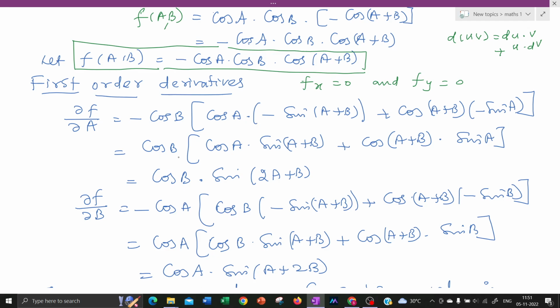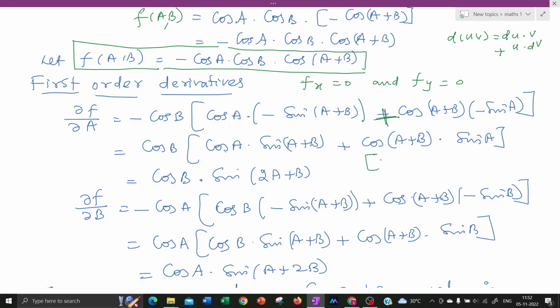So keep cos b as a constant, then cos a, keep it, differentiation of cos of (a plus b) is minus sin of (a plus b), plus keep cos of (a plus b), differentiation of cos a is minus sin a. So cos a sin of (a plus b) plus cos of (a plus b) sin a. Once again it is in the format of cos a sin b plus sin a cos b.